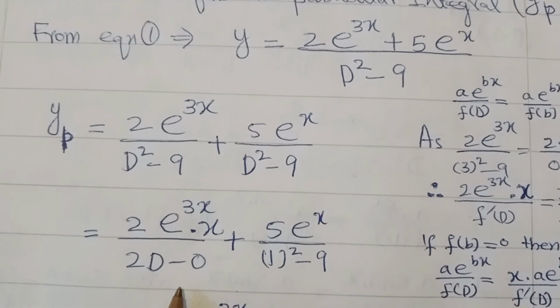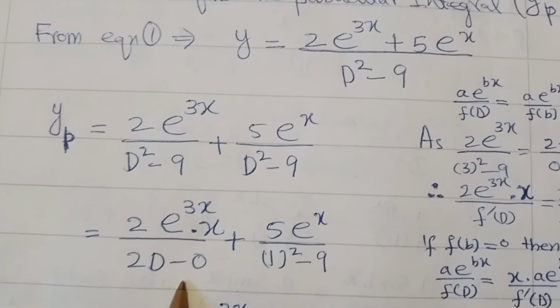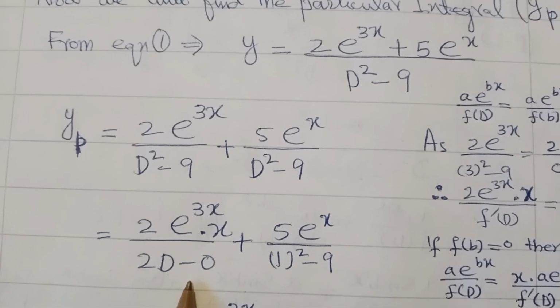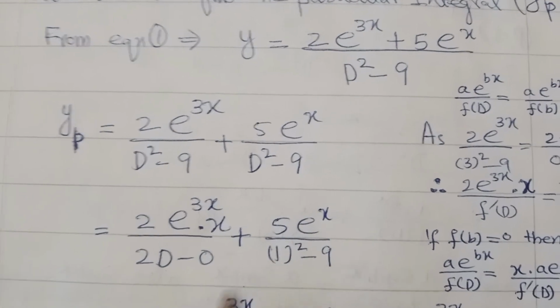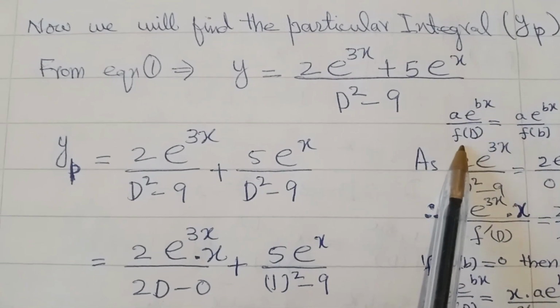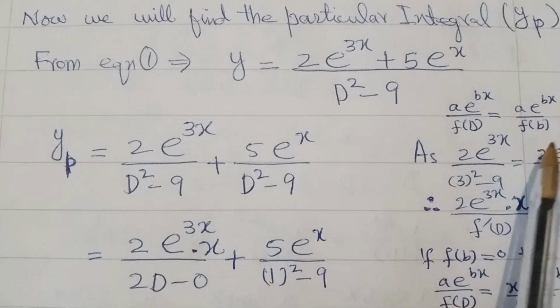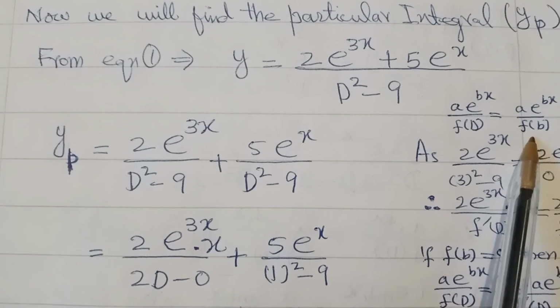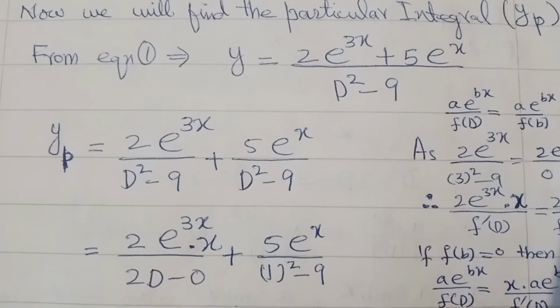Now at the first part, we can directly apply the integral formula with the exponent. We know that this formula, a exponential bx over f of d, can be written as a exponential bx divided by f of b when we have f of b not equal to 0.